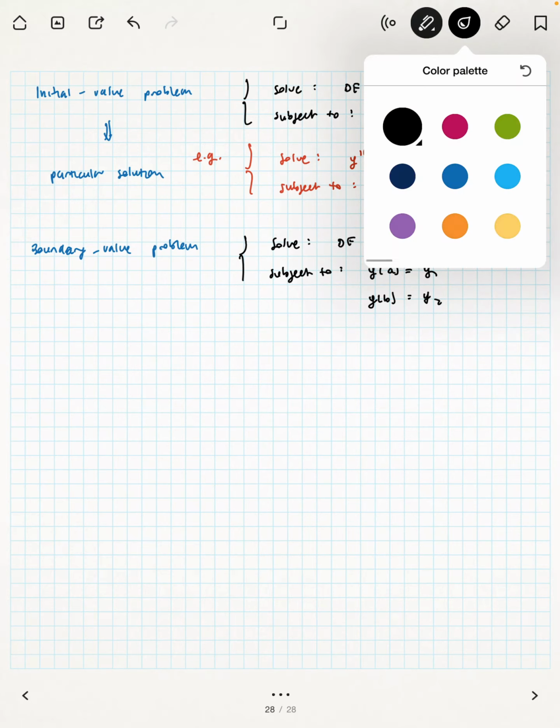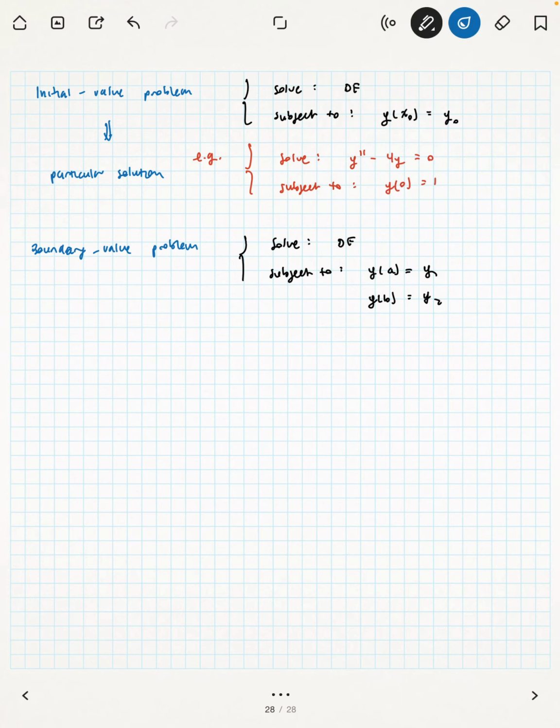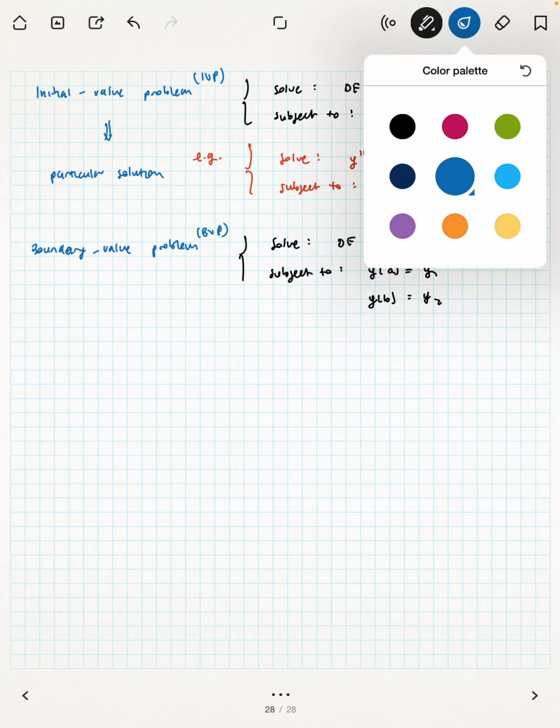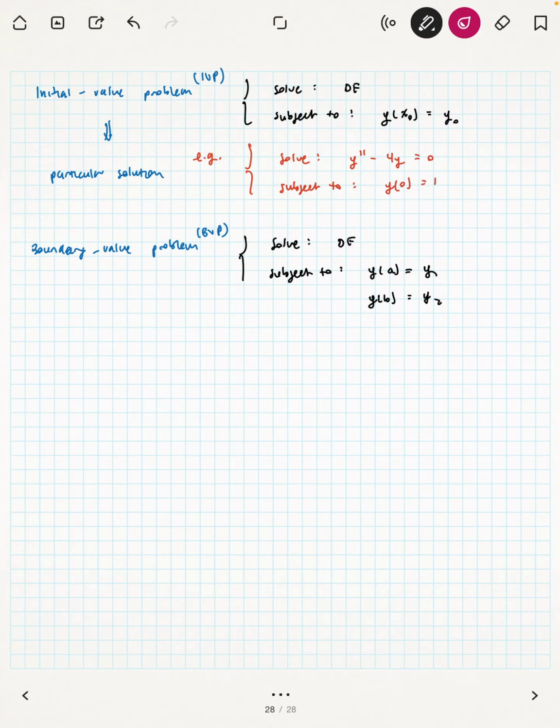And so roughly what we want to think here in terms of initial value problems and boundary value problems, which we call IVPs and BVPs, okay? An initial value problem typically is going to give you, we want some curve that passes through a specific point initially, okay?